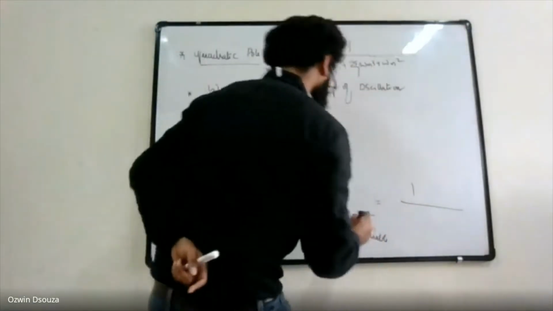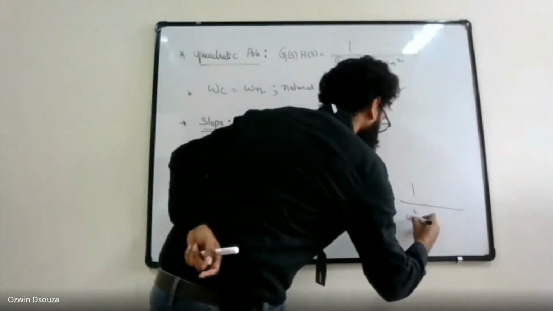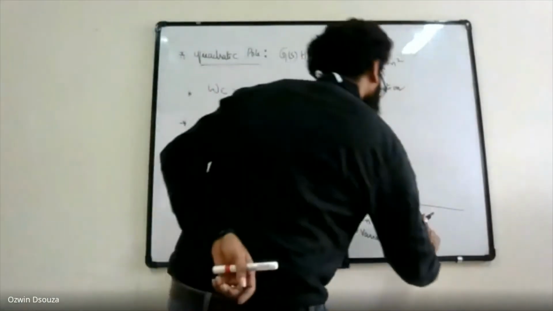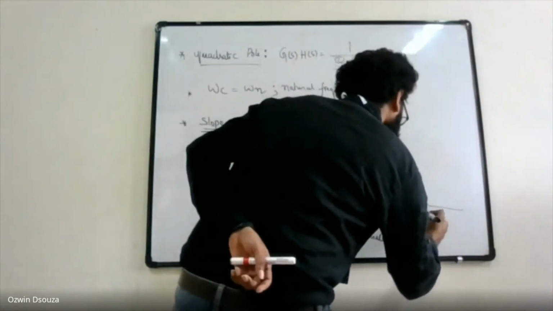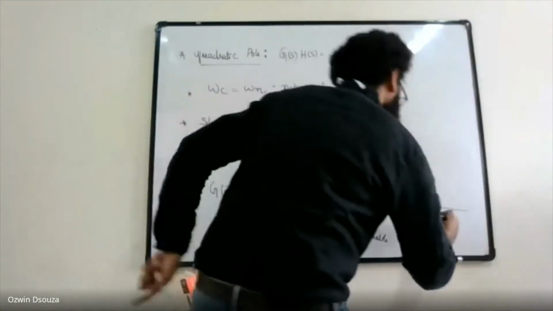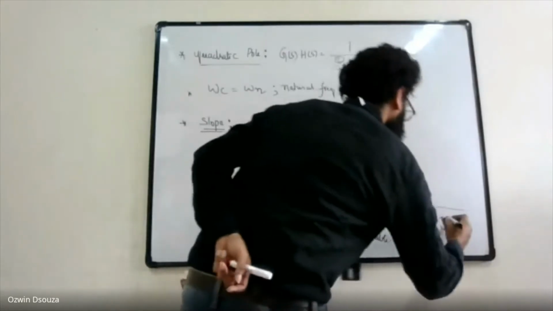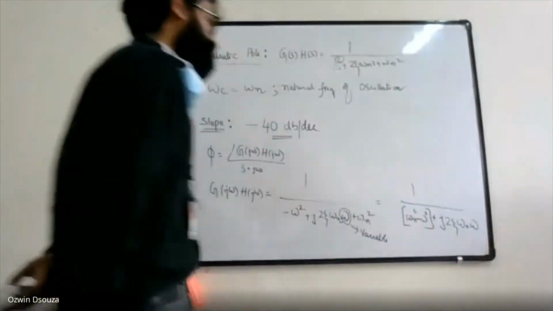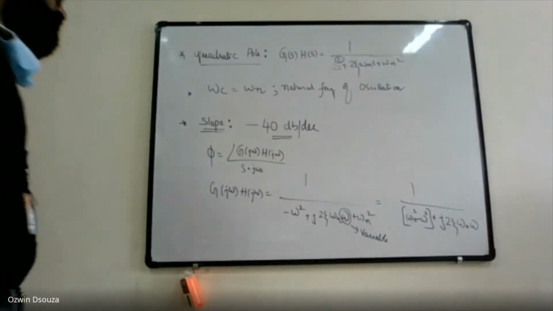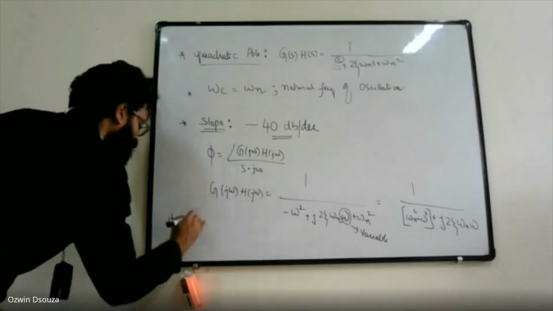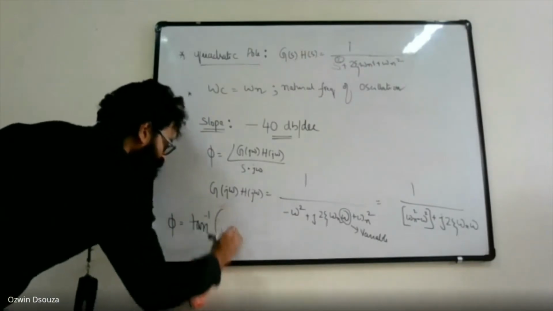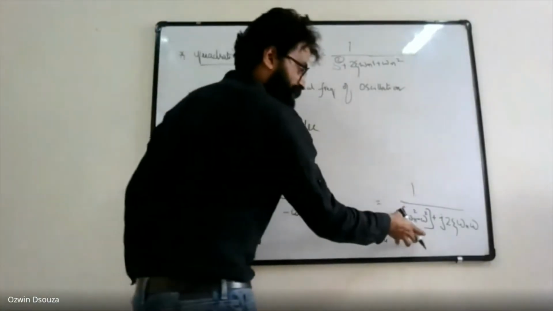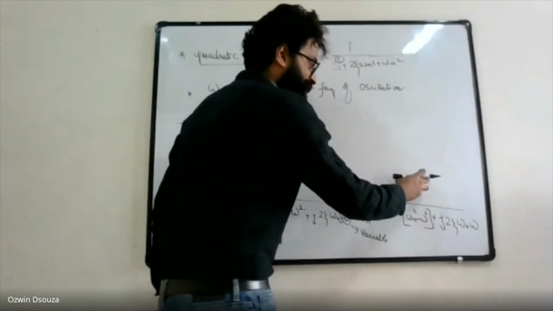So I can write down omega n square minus omega square plus j 2 zeta omega n into omega. All right. Or you can write down phi is equal to minus tan inverse, obviously minus, because the factor is coming in the denominator and the numerator angle is 0 degrees.